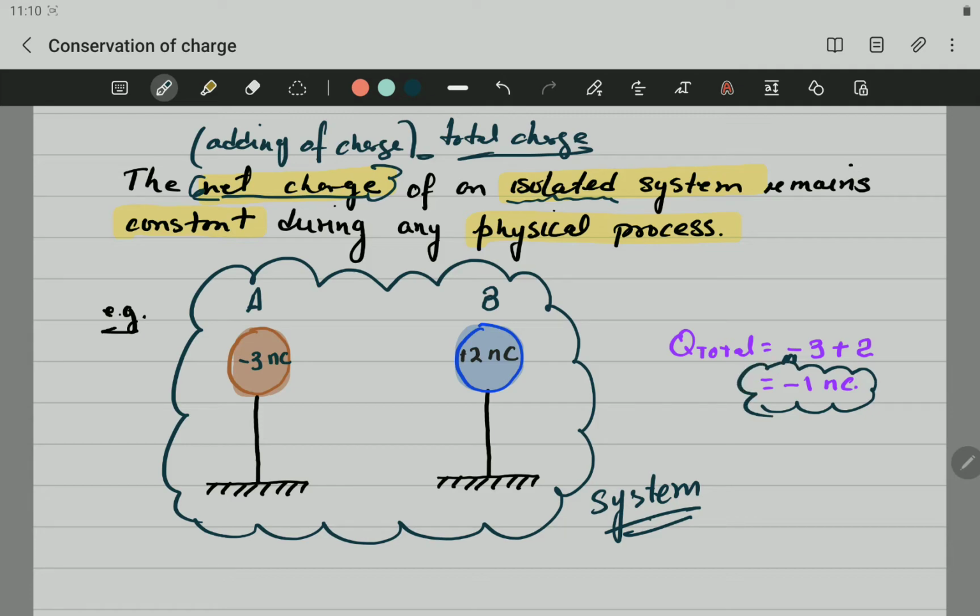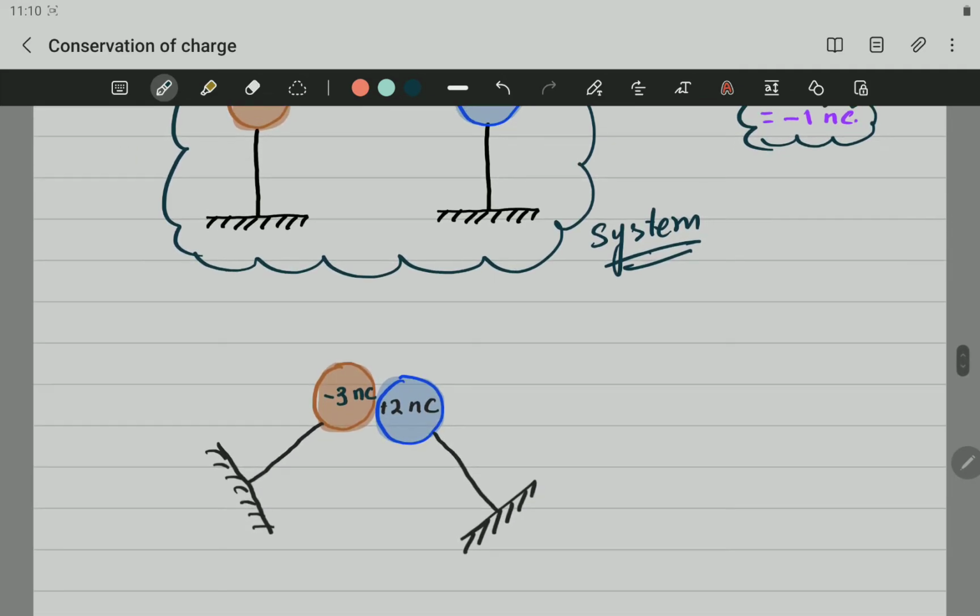Now let's say we take those two objects and they are going to touch each other. What is going to happen? When they are touching each other, remember the triboelectric effect is a way of charging objects by touching each other. The electrons are going to be transferred.